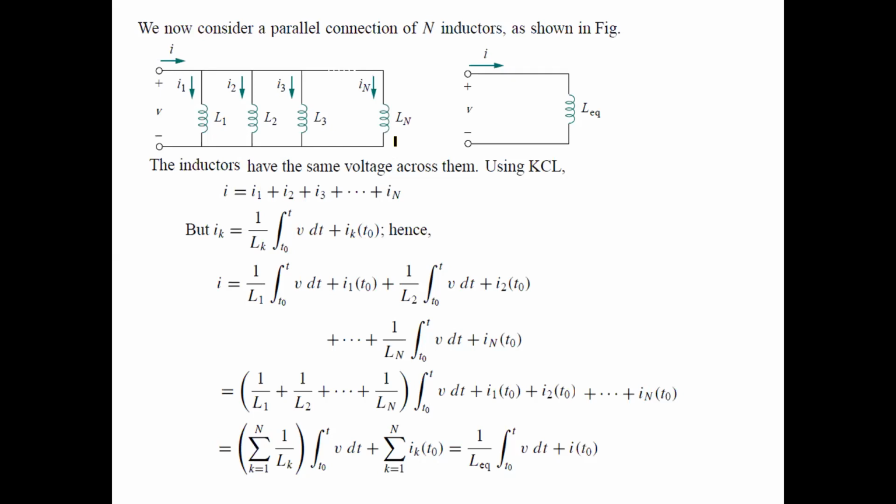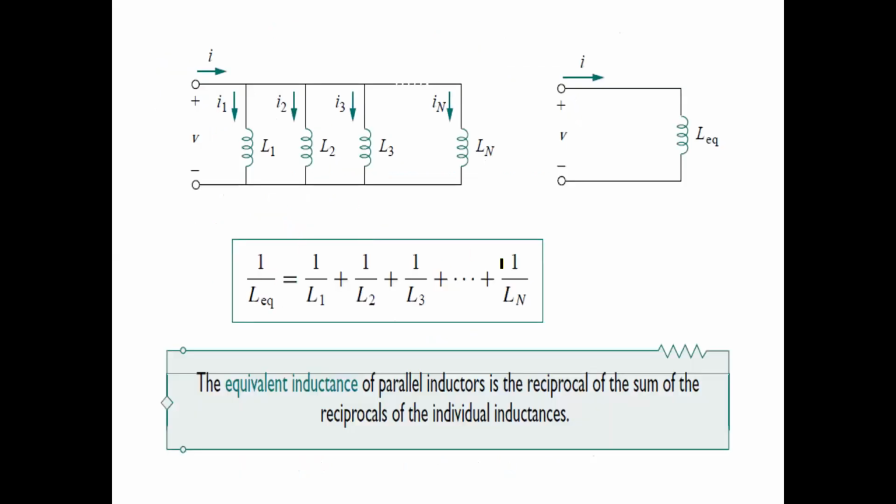Similarly, when inductors are connected in parallel, the equivalent inductance is found by this formula, which is along the same lines as the formula used to find the equivalent resistance of two or more resistors. The formulas for finding equivalent resistance and inductance are the same, or you can say are on the same line.